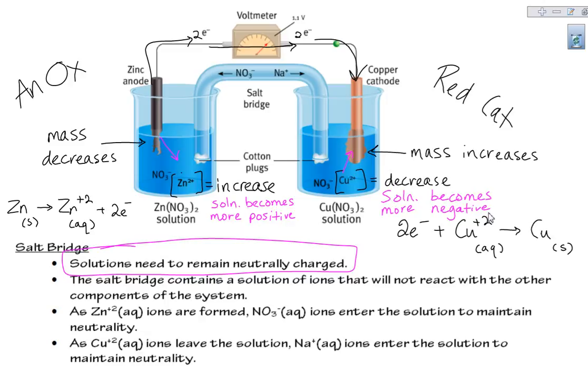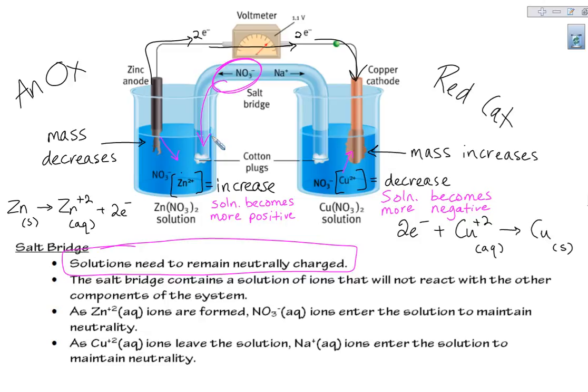As you increase the concentration of zinc and this solution becomes more positive, the negative nitrate from the salt bridge will diffuse into the solution. So if you keep increasing the amount of nitrate, that'll help keep the solution neutral. That'll match up with all the extra zinc ions that are being formed.